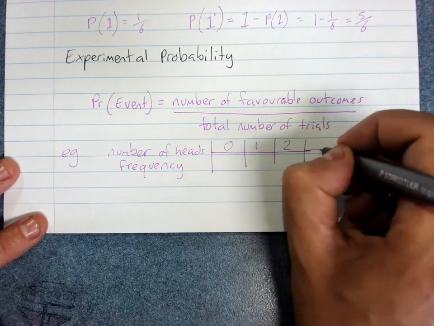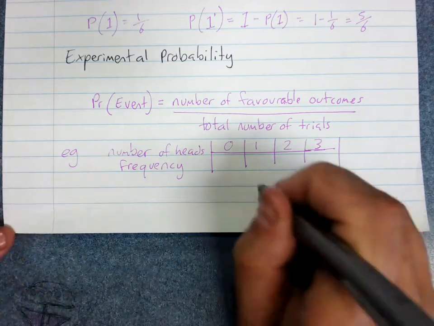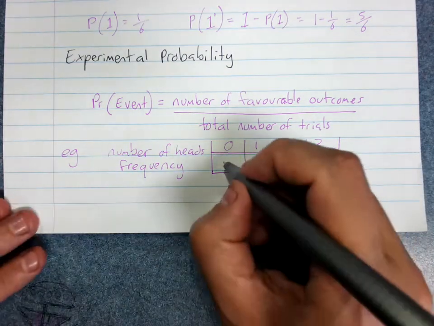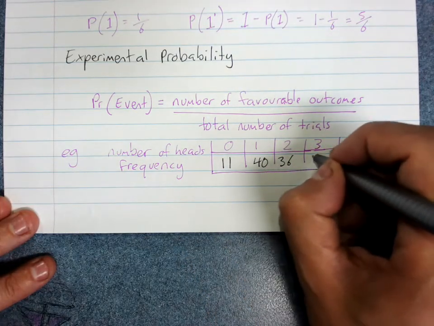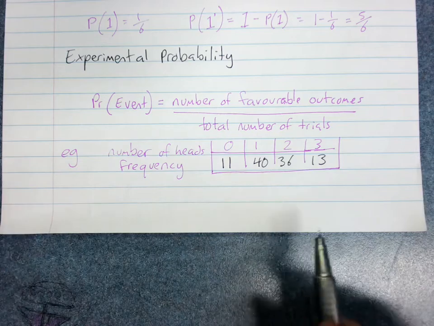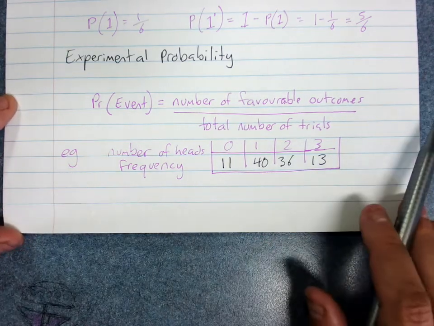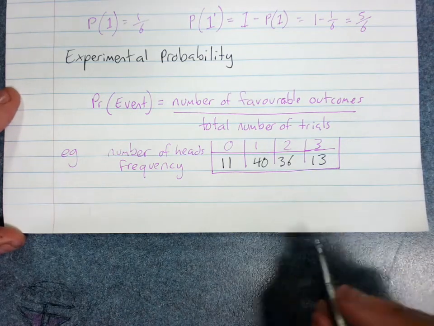I could get 1, 2, or 3. I'm just copying this example from the book, sorry, I should have written it in before. So this is the number of results we got. So 0 heads turned up 11 times. There was 1 head and therefore 2 tails 40 times.